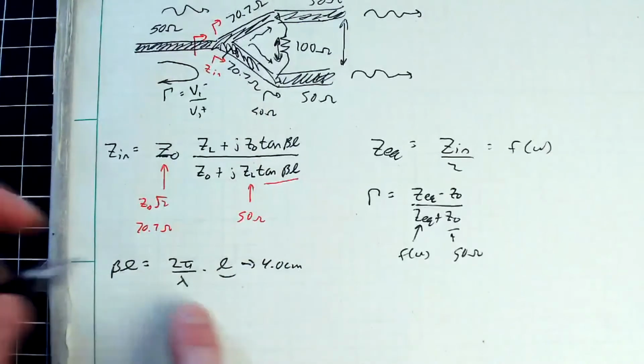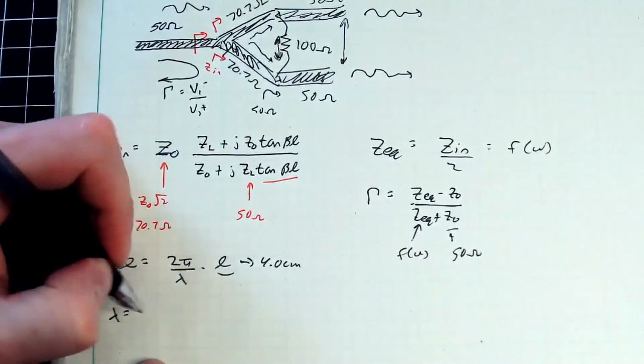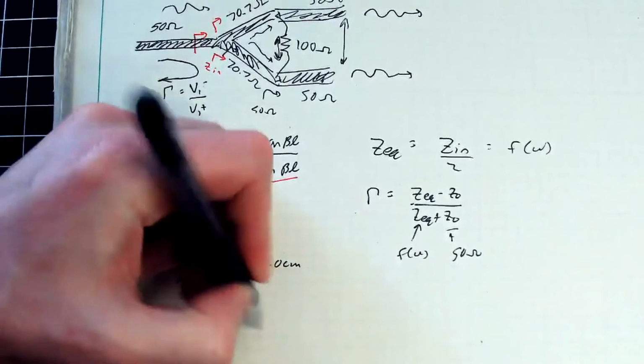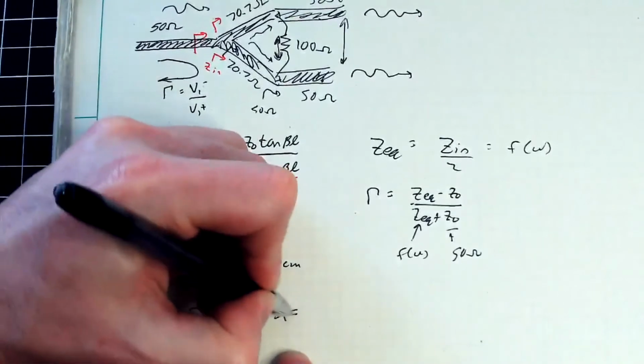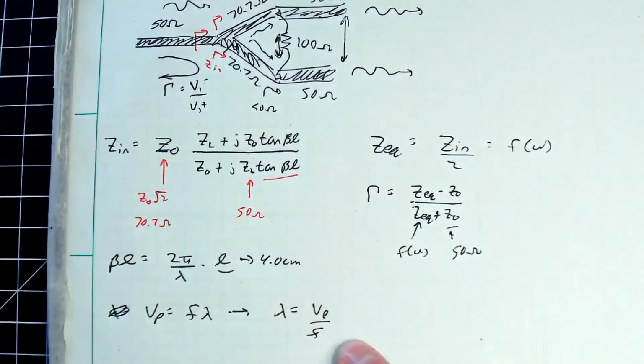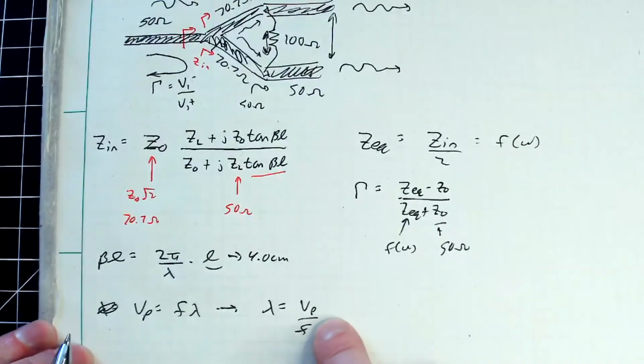Now finally, lambda. Remember, phase velocity is frequency times lambda, so lambda is going to be phase velocity over frequency. Sorry, I forgot to go back here. There we go. I lost track of myself.